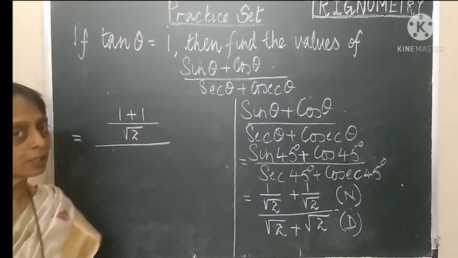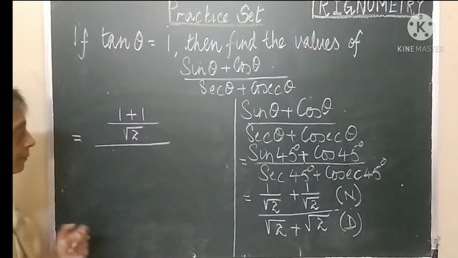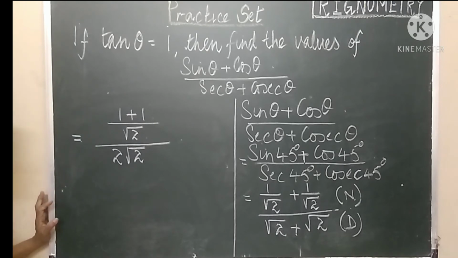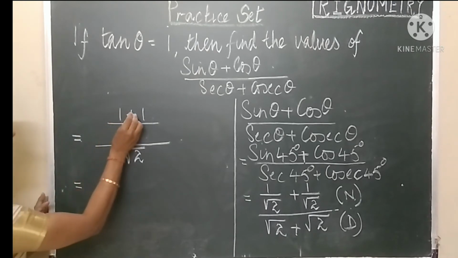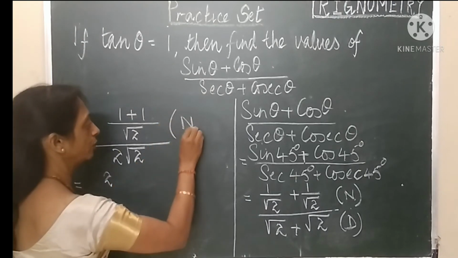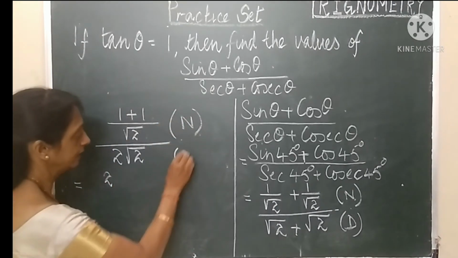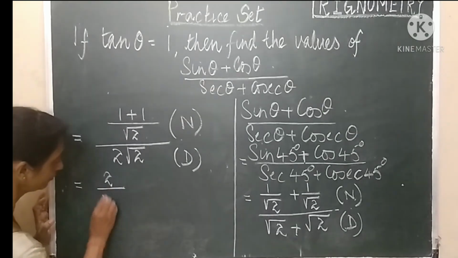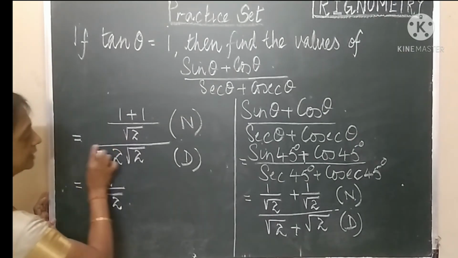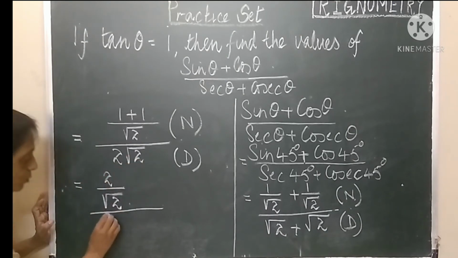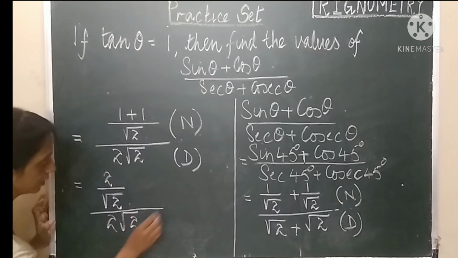They are like terms, so definitely we can add them. That gives us 2 root 2. In the numerator, 1 plus 1 is equal to 2. This, children, do not forget, is your numerator and this is your denominator. So 1 plus 1 gives us 2 upon root 2 divided by 2 root 2.